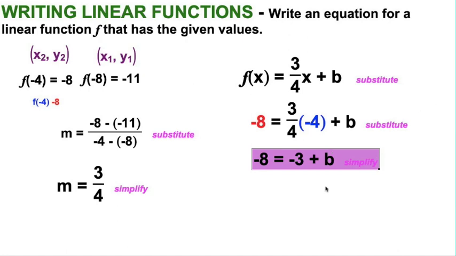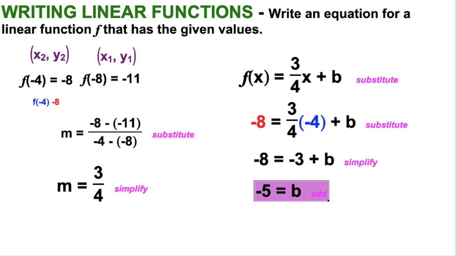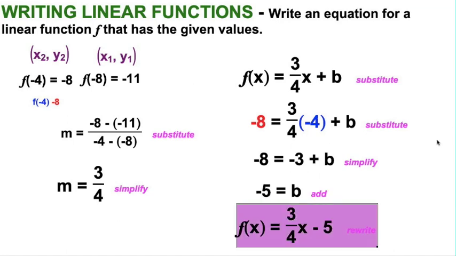And another convenience here, 3/4 of -4, -3. Well, that always works out nice. And our intercept is -5. And let's rewrite that in function form. Positive slope, negative y-intercept. And we're going to call this good.